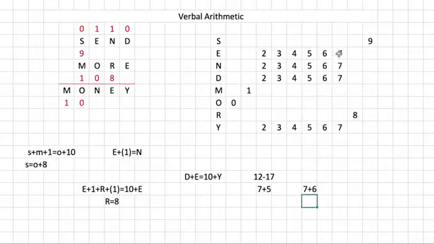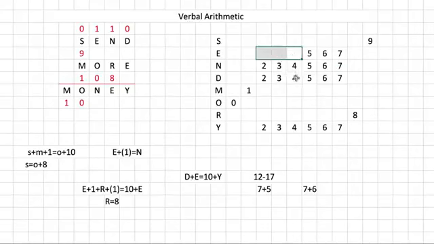Because the value can be 7 only for D and E both, right? And those cannot be the same. So 7 and 6 or 7 and 5. These two are the options for D and E. So 7 is gone. So one of them will have 7 and one of them will have 5 or 6.